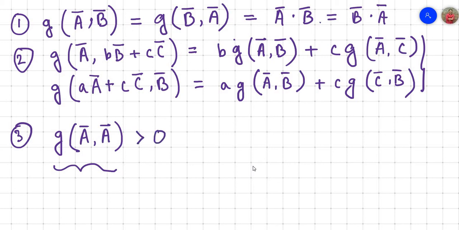Sometimes you will see the word positive semi-definite. It simply means that it can be 0, but we will keep out this possibility. So this is the formal definition of the metric tensor.